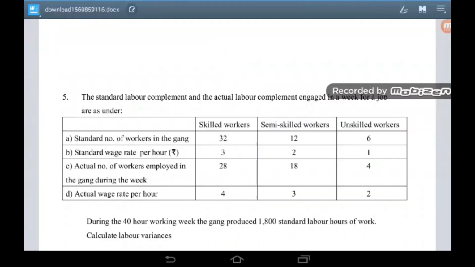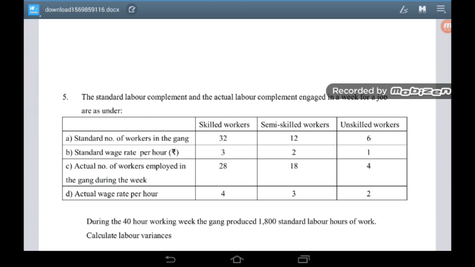Today I am going to discuss a problem on labor variance. The standard labor complement and the actual labor complement engaged in a week for a job are as under. You have three types of labor: skilled workers, semi-skilled workers and unskilled workers. Standard number of workers in the gang 32, 12, 6.